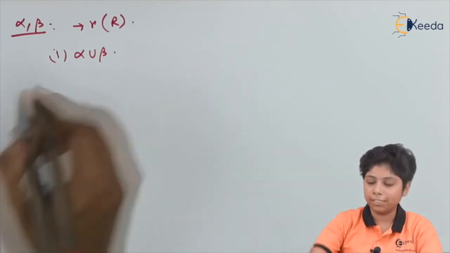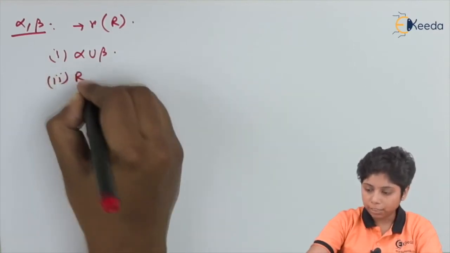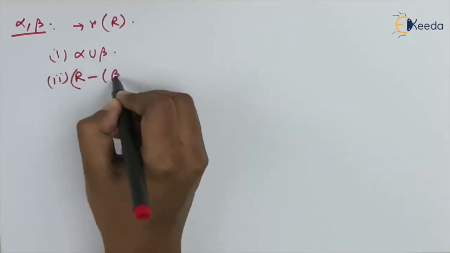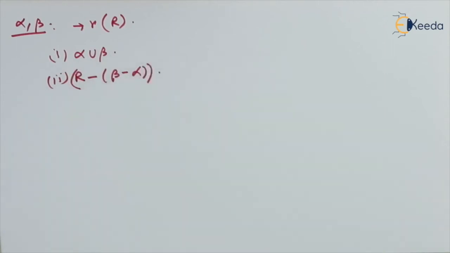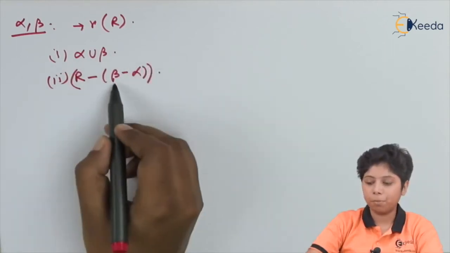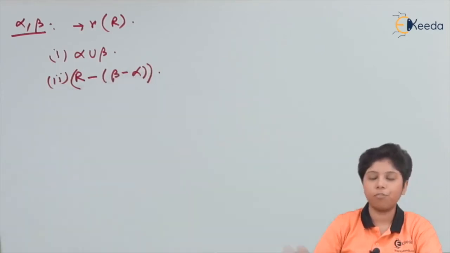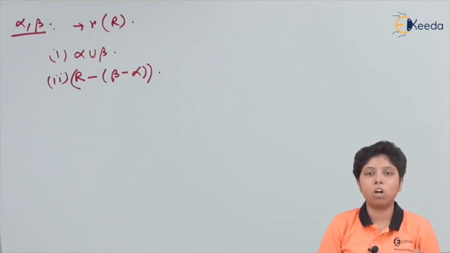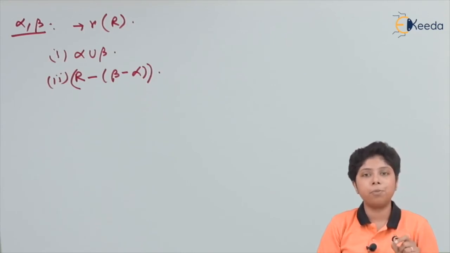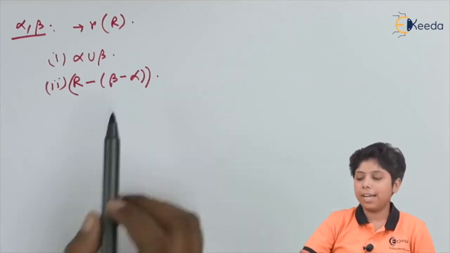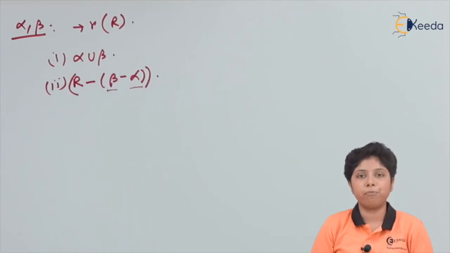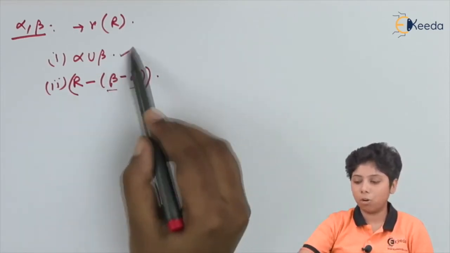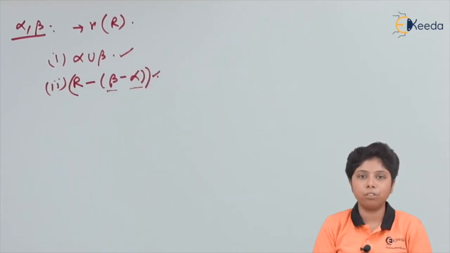The second is R minus (beta minus alpha), that means all the attributes of R that are not in beta, along with those common with alpha. So alpha and beta are two different parts of that union: one is the combination, and the other is the leftover relation.